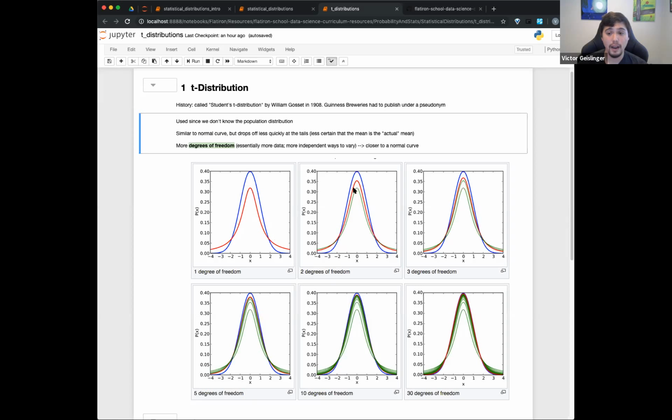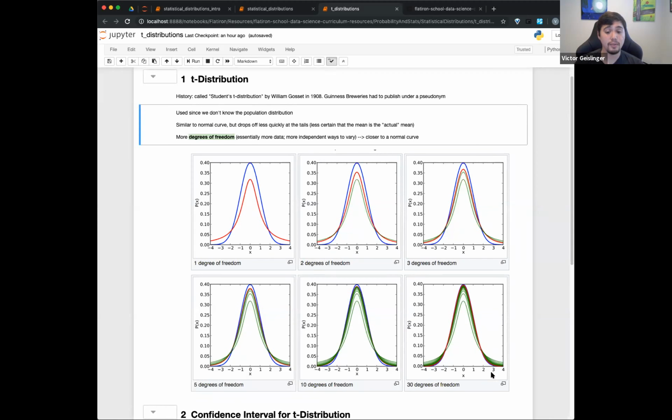The red is the most recent one, and the green is the prior one. As we increase to 3, 5, 10, 30 degrees of freedom, the curve gets closer and closer, and at 30 it's pretty close to the normal curve. You can barely see the red on blue.